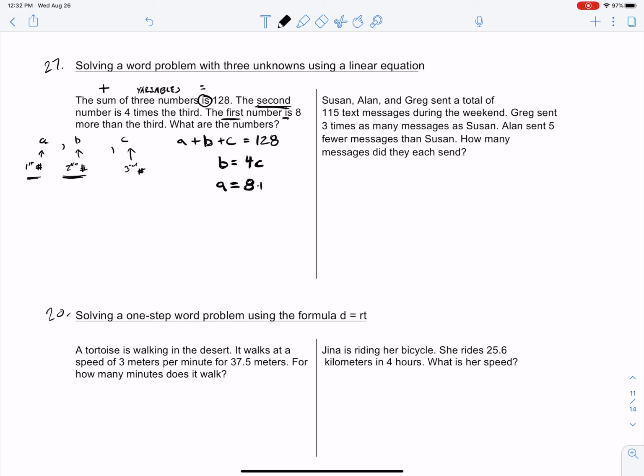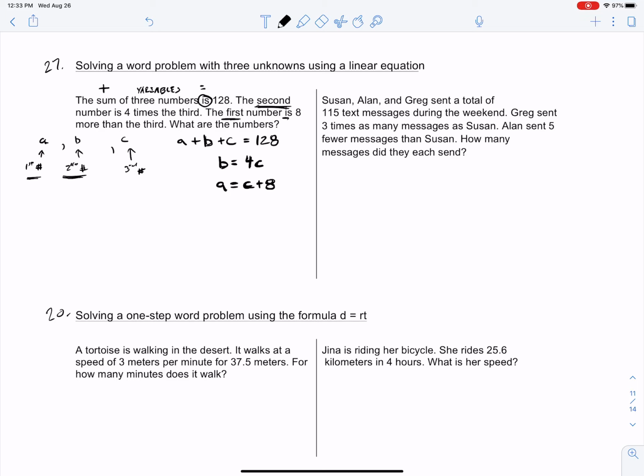So 8 plus C. In actuality, it'll make more sense if I do this. 8 plus C is fine, but it's saying that it's 8 more than the third. My third number is C, C plus 8, because 8 is more than C.